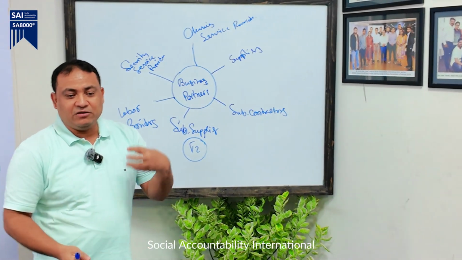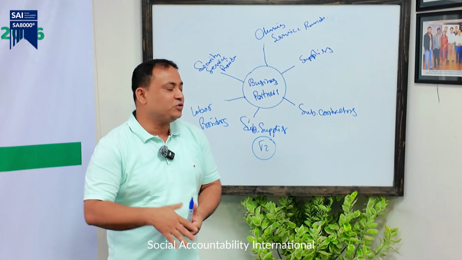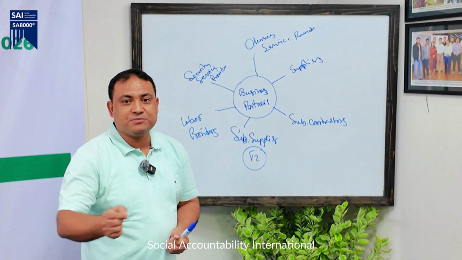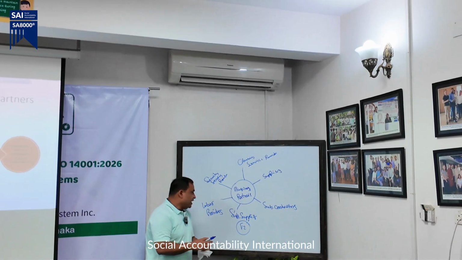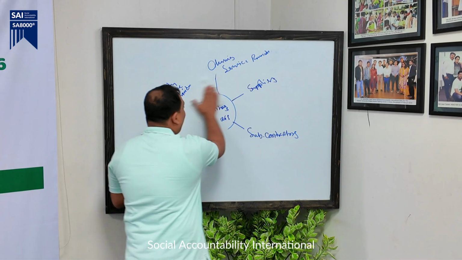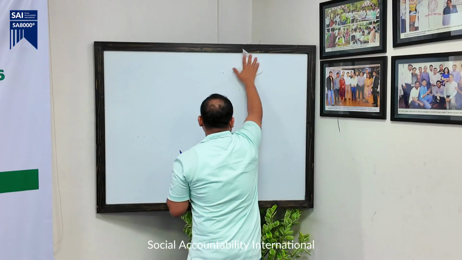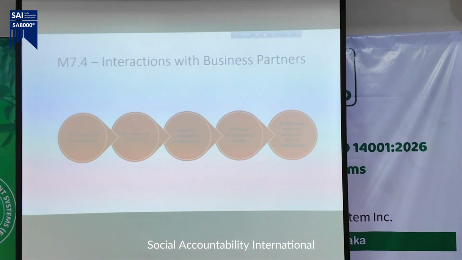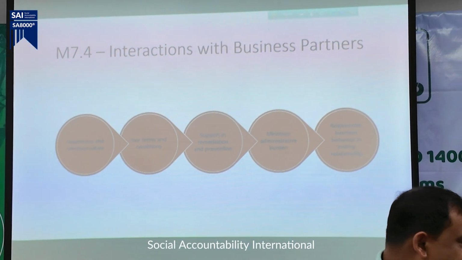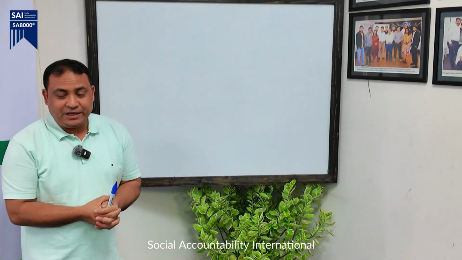Based on these criteria, you have to implement in your operation. Also, you have to make sure your supply chain and other business relationships respect the same criteria. The SA8000 standard sets a specific requirement for interactions with business partners in clause M7, implementation of decent work criteria.